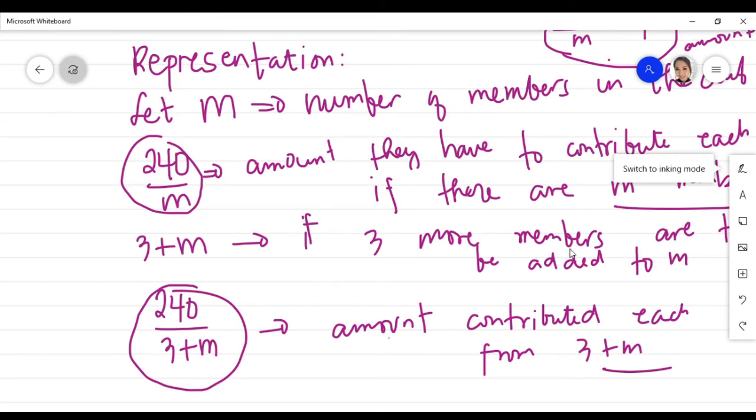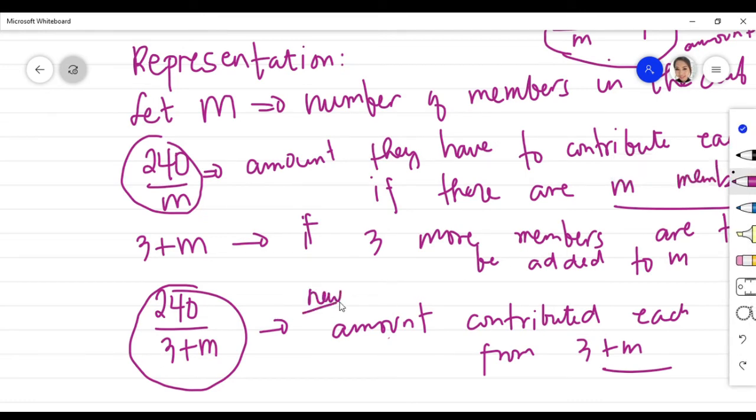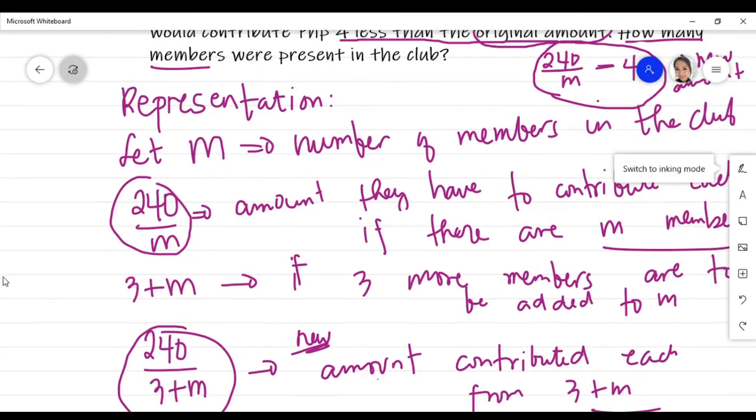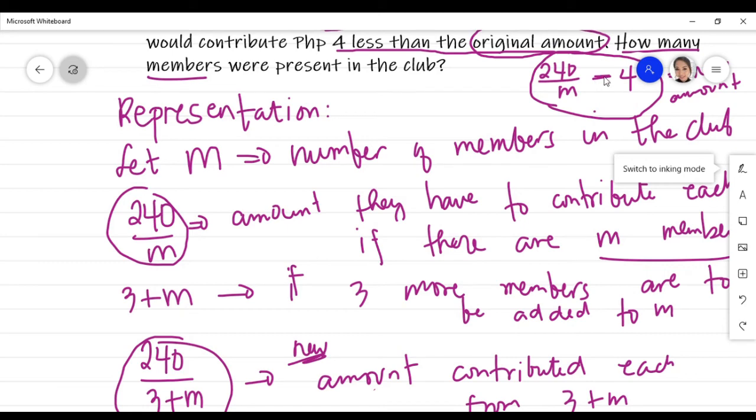Again, this was the new amount to be contributed if we have 3 plus m members, and this one is lesser by 4 compared to 240 over m.